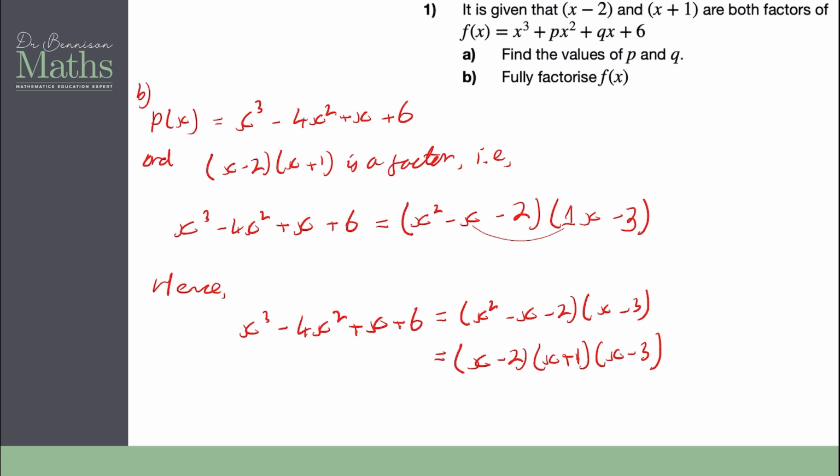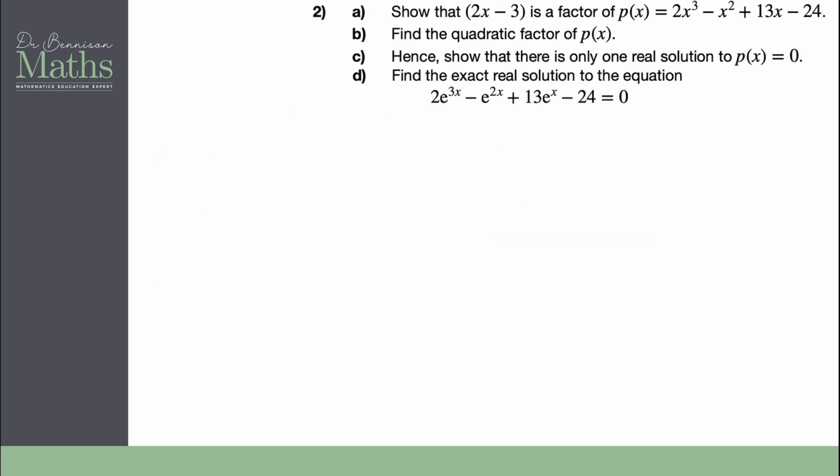So moving on to example 2, it's a bit more involved. I want to show that 2x minus 3 is a factor. Well, to do that, we're going to evaluate p at x equals 3 over 2. So if I do that, and I want to show that I'm substituting in the value here.